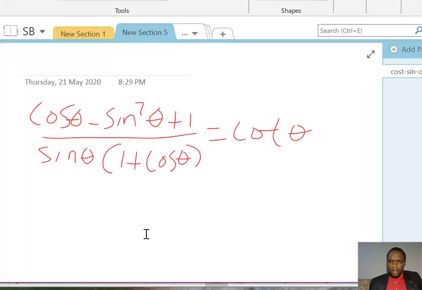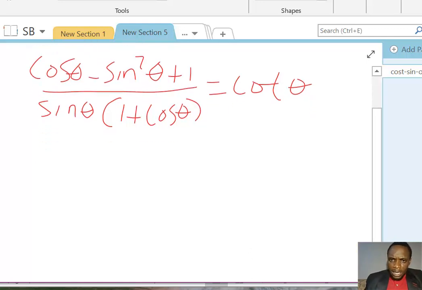Let's look at it. Cos theta minus sin square theta plus 1 all over sin theta into 1 plus cos theta. From all the previous ideas we have, when you look at it very well, you see minus sin square theta plus 1.